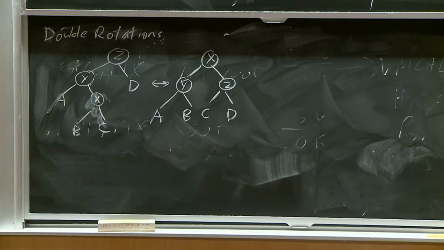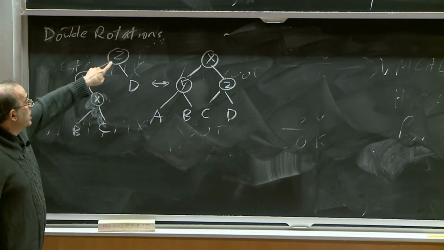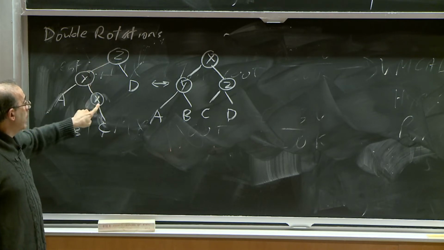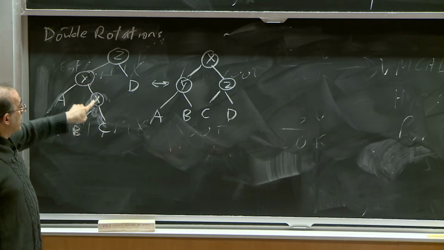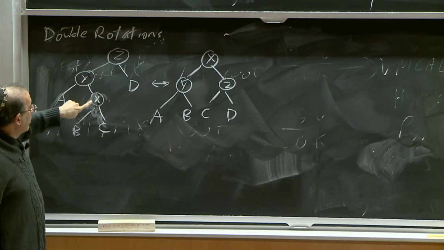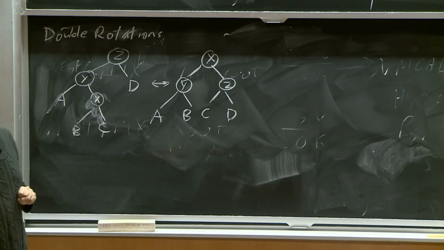So this is a double rotation. Instead of just looking at 2 steps of a path, you look at 3 nodes on a path, and this brings the grandchild up to become the root of the entire tree.